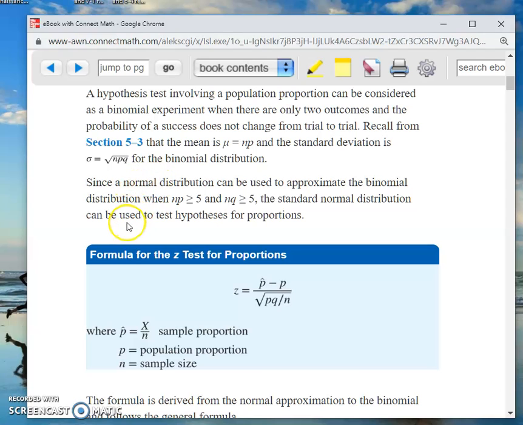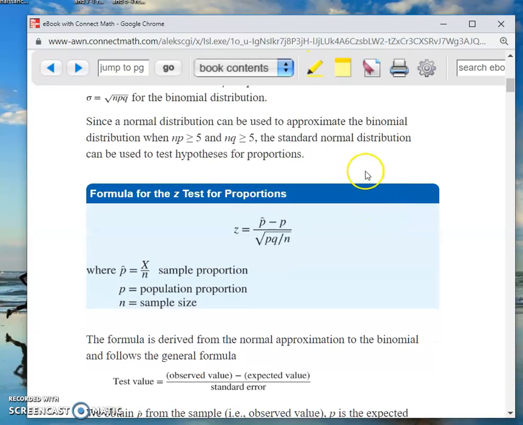Now remember, we talked about this before in a previous chapter. A normal distribution can be used to approximate the binomial distribution if n times p is greater than 5 and n times q is greater than 5. Well, that's a very easy condition to meet. So since we can use the normal distribution to approximate the binomial, we can therefore use the standard normal distribution to test the various hypotheses.